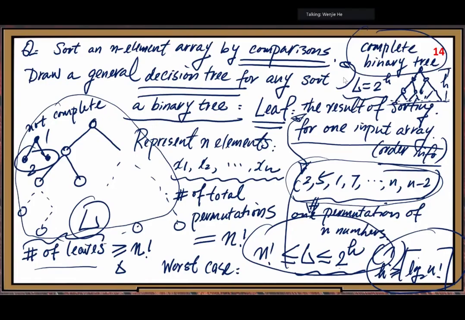And we know little h means the worst case number of comparisons. So that's why it's the lower bound. This formula gives us the lower bound. So I complete explaining this formula.